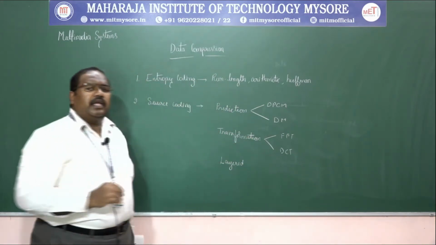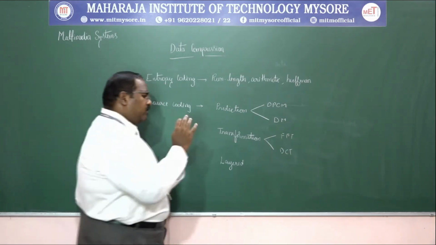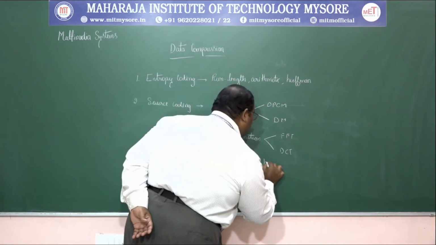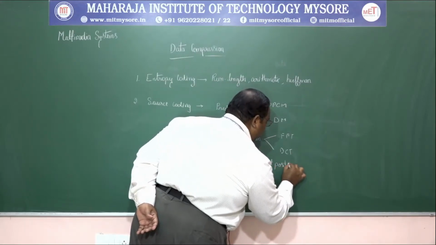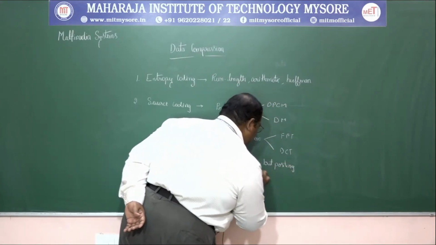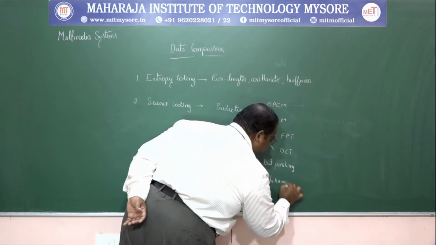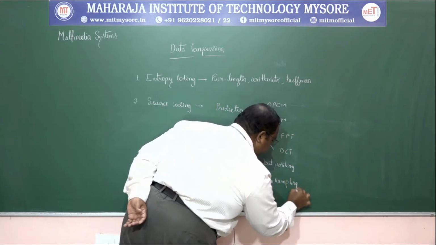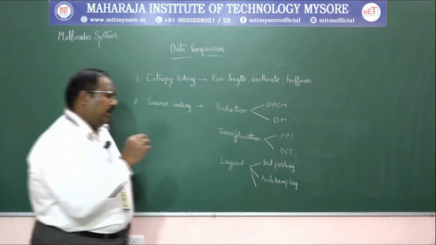When we talk about layered coding, it constitutes three parts. One is bit positioning, subsampling, and the third one is subband coding.